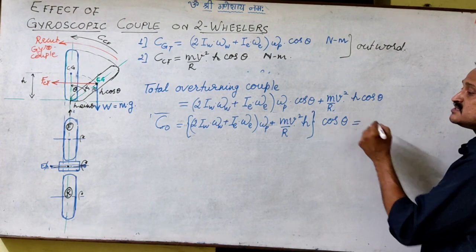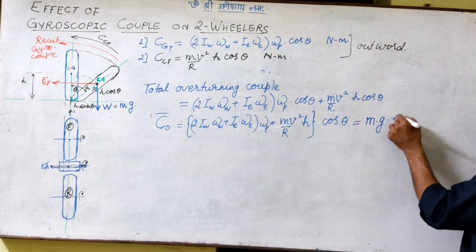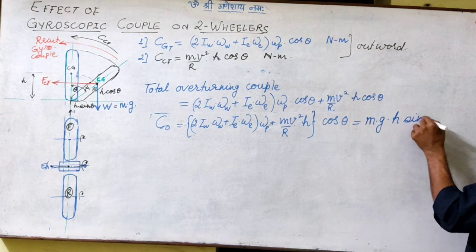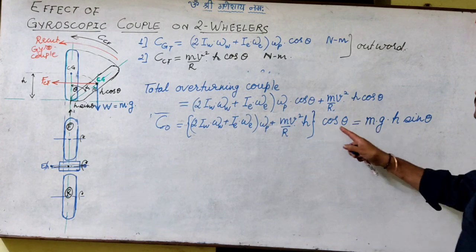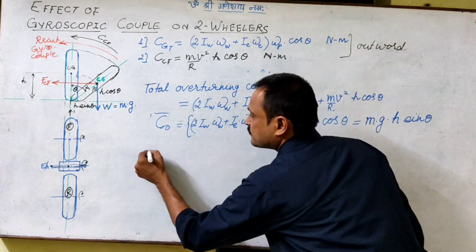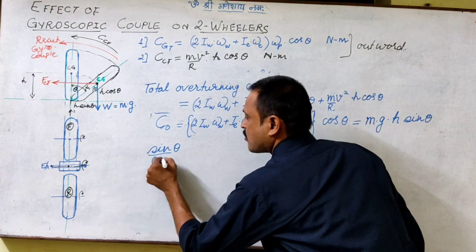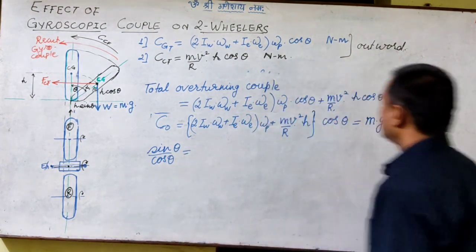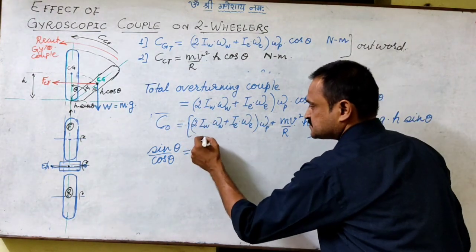So when this is equal to mgh sine theta, now if I take this common, sine theta upon cos theta will be this.